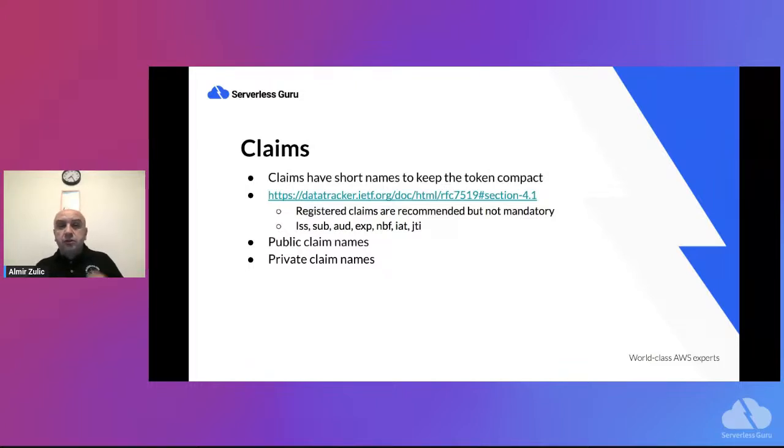So what do you notice within those claims? You can see that they all have short names. You are maybe tempted to send everything. Let's say that you are returning an ID token, and the ID token usually contains information about the user, because that is the identification token.